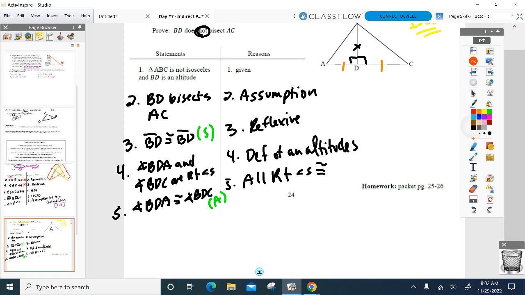Definition of bisects. Good. And then that gives me a side.